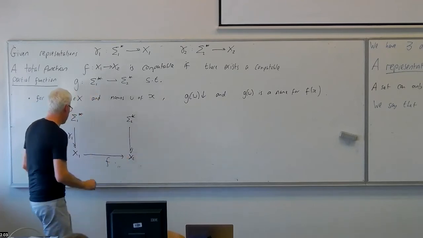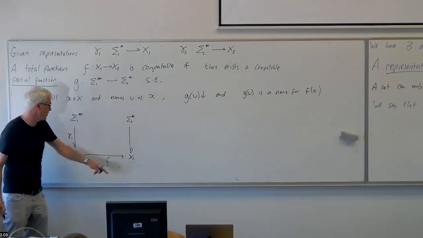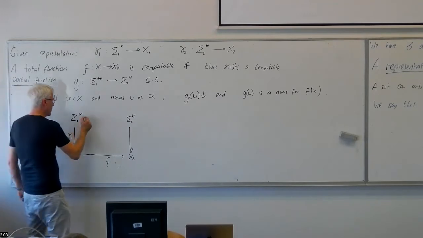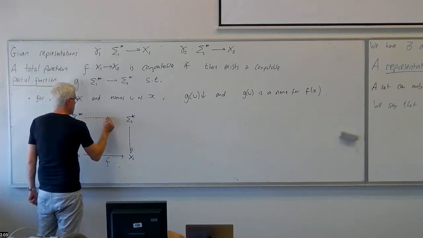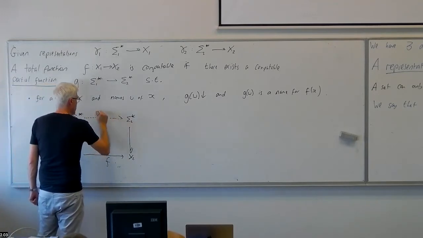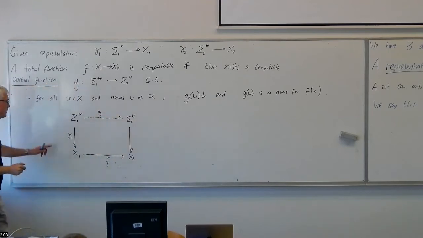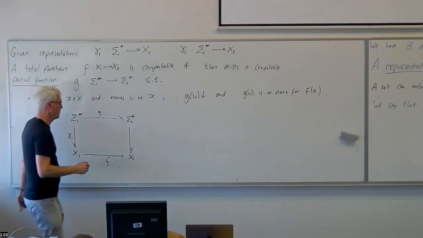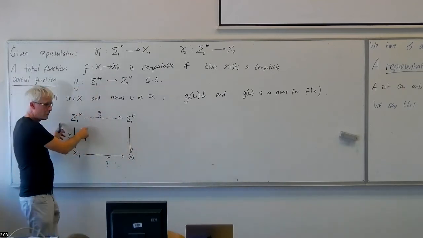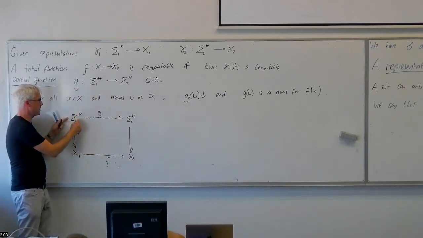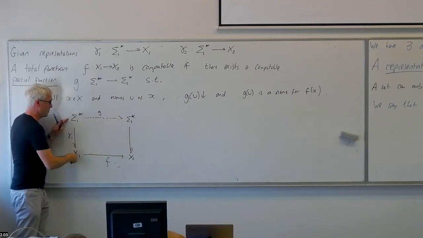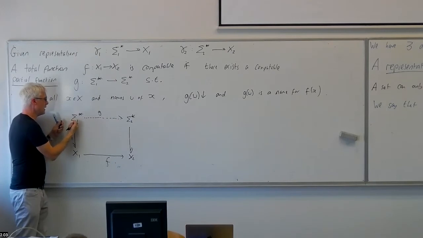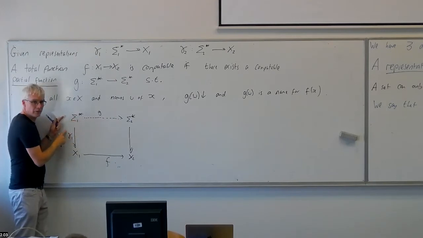We have our function f that maps X1 to X2, and we require that there exists a partial function g such that this diagram commutes in the sense that whichever way round you go, you get the same answer as long as you give it an input word that's in the domain of gamma 1.